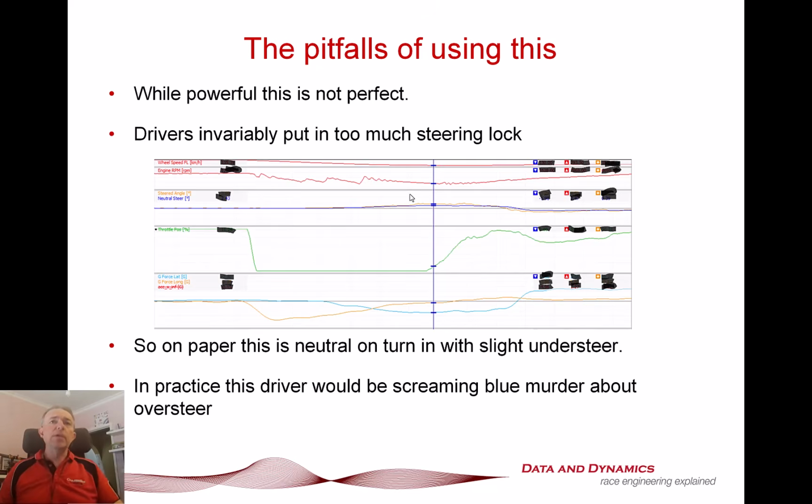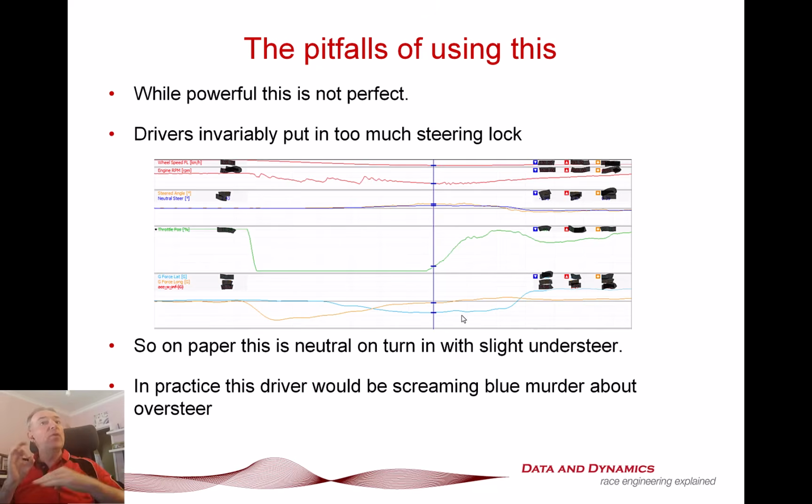If we take a look at this plot, we've got our speed, our RPM, and we've got our neutral steer, actual steer, throttle, lat G, longitudinal G. Because this is from actual data, I've redacted all the scalings. On paper, you'd look at this and you go, okay, so we're neutral on turn in with slight understeer. In practice, the driver would be screaming blue murder about it being twitchy on turn in and about mid-corner oversteer.